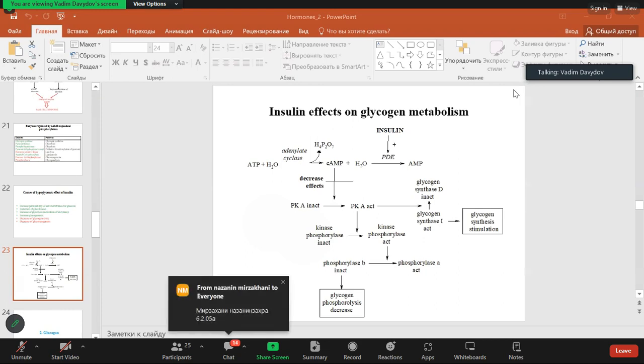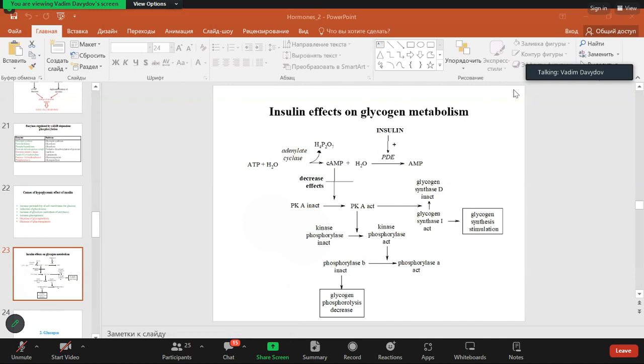Also very important is the effect of insulin on lipogenesis. It may be an indirect effect coupled with providing the adipocyte with glucose, such as increased permeability of the adipocyte membrane for glucose.